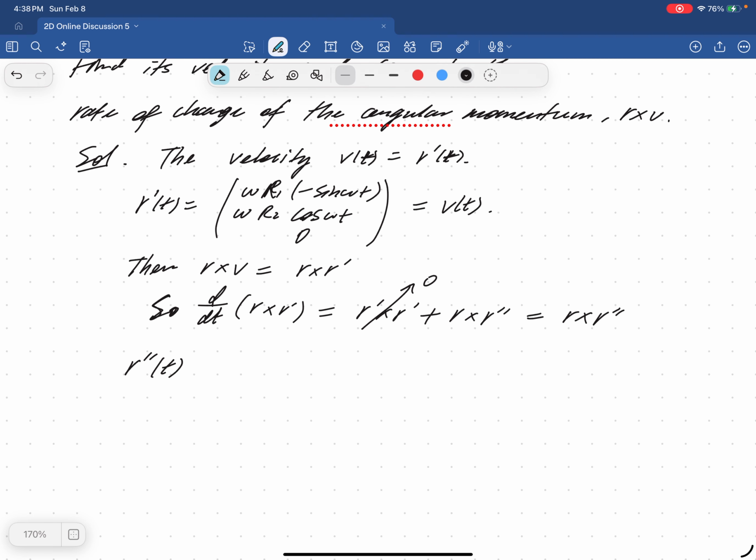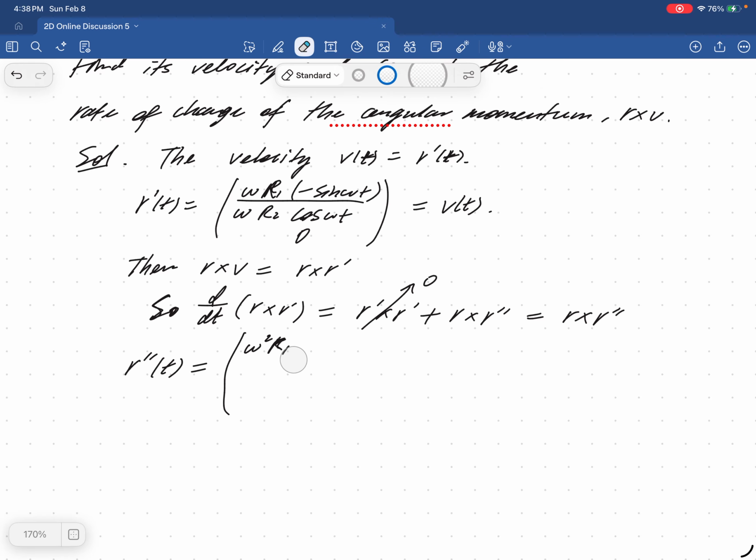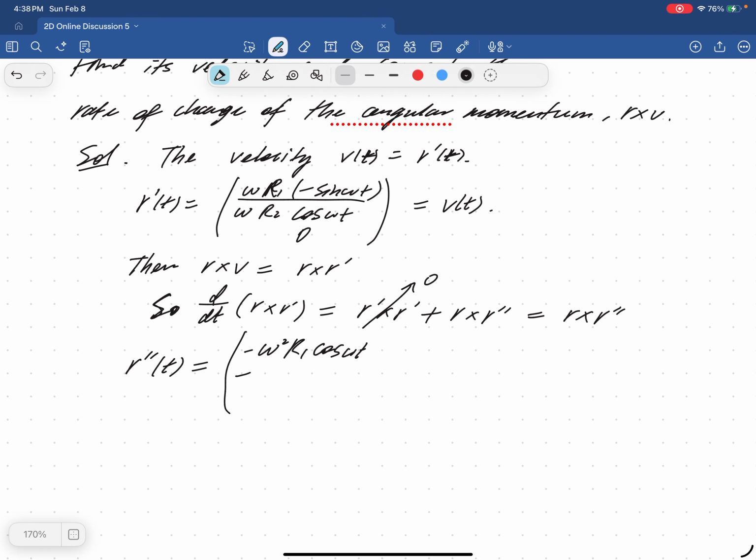So r double prime of t, the first coordinate, we just differentiate again, and we get negative omega squared r1 cosine omega t. And the second coordinate will be negative omega squared r2 sine omega t.